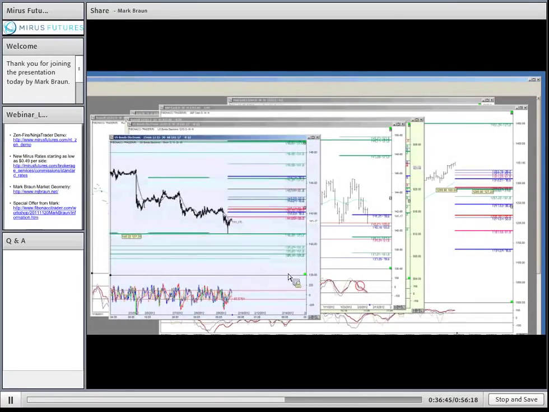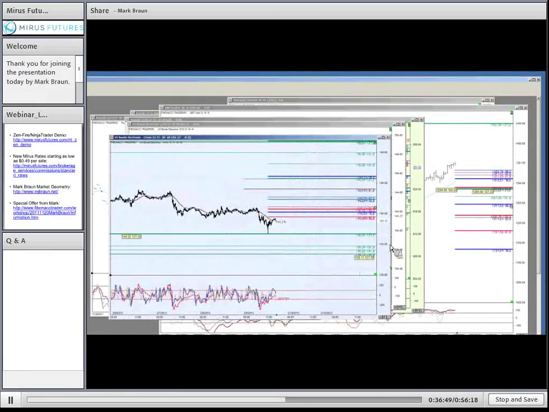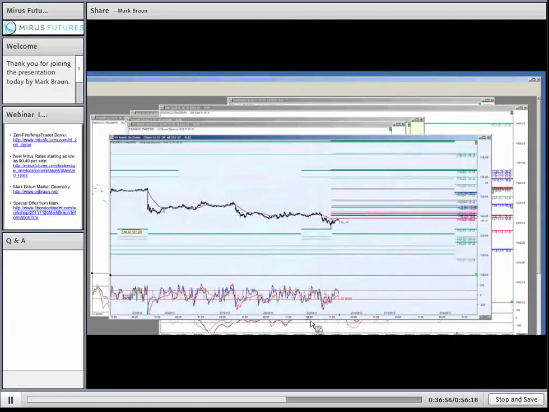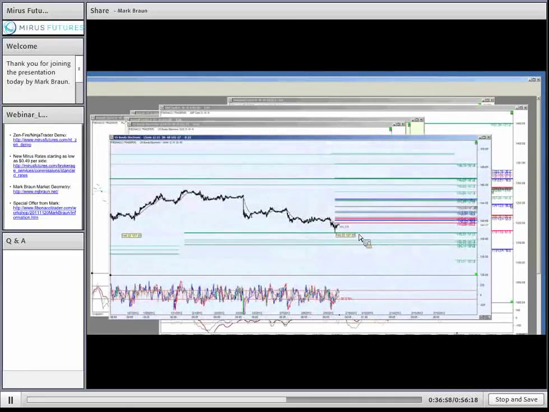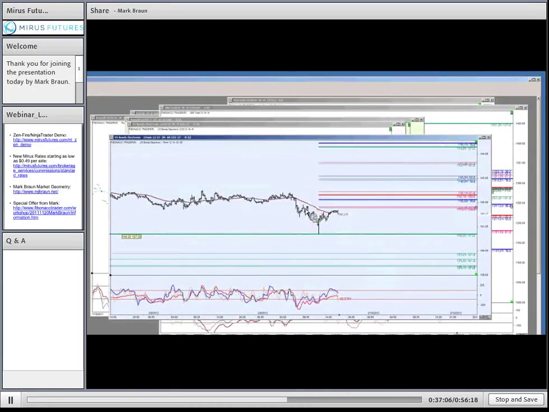Let me see if I can find it. That's from the swing into the high. And we had a support break earlier that said we were aiming for that target, and sure enough, it hit and bounced immediately. So it's going to be interesting to see what this does tomorrow.